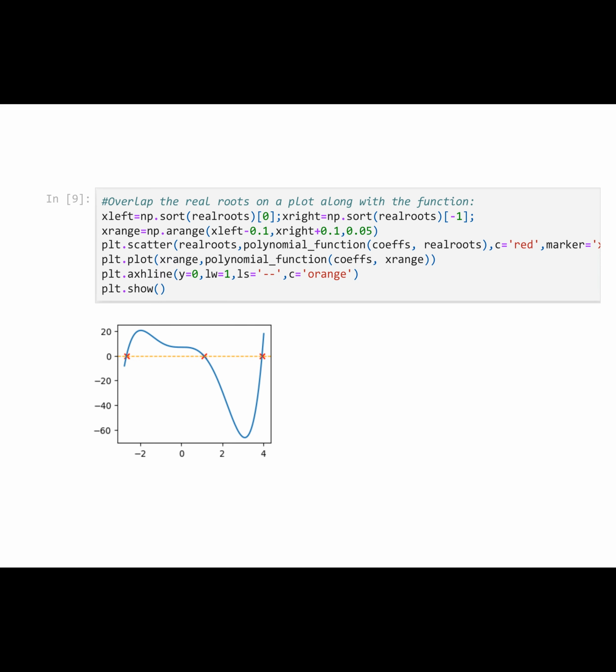The polynomial function is plotted as a curve over this range. plt.scatter is used again, but this time it only marks the positions of these filtered real roots on the graph. A horizontal line at y equals 0 is also drawn for reference. This corrected plot accurately shows where the polynomial function intersects the x-axis, providing a clear visual representation of its real roots without the potential confusion from complex roots.